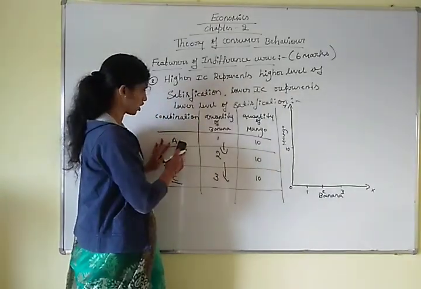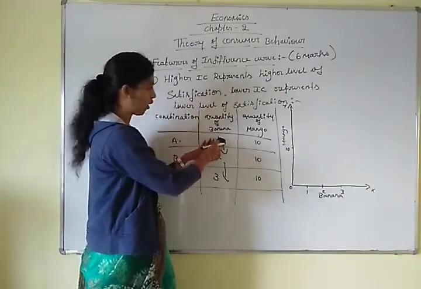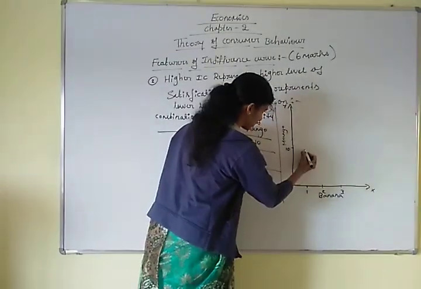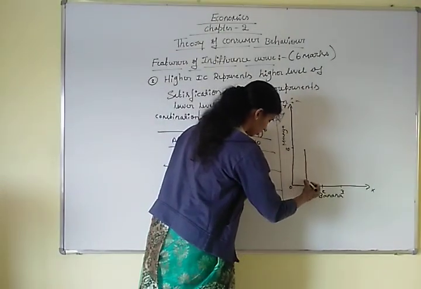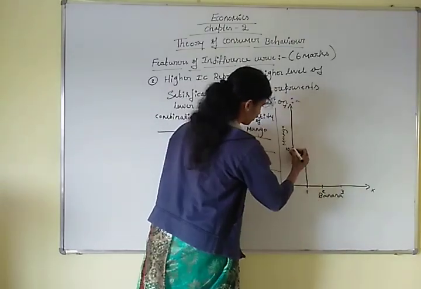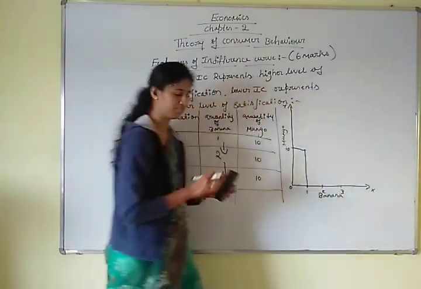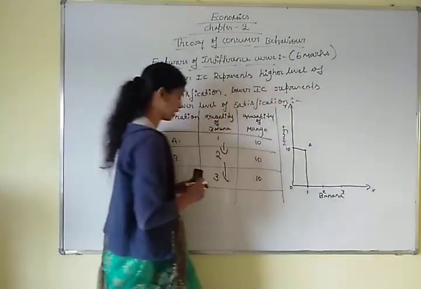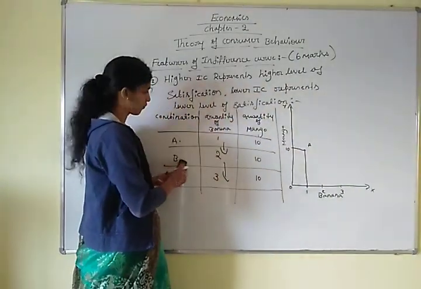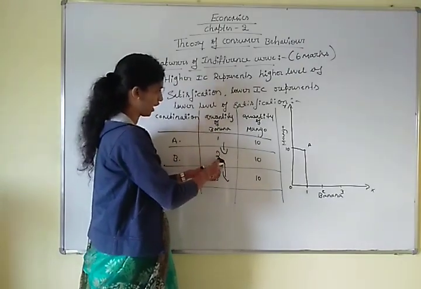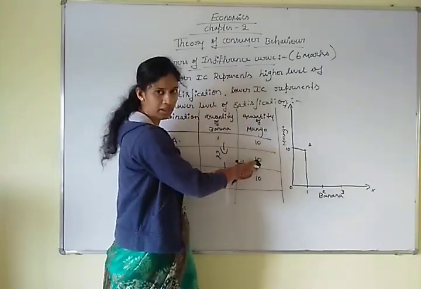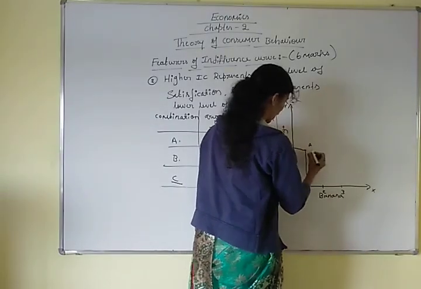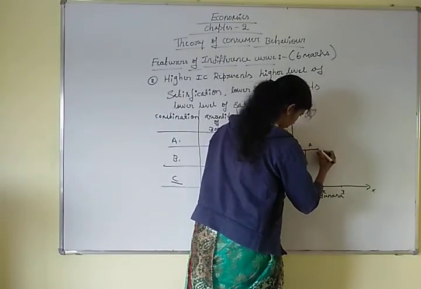In the combination A, quantity of banana 1, quantity of mango 10. So here 1, it is 10. Next, combination B, quantity of banana 2 bananas, quantity of mango 10 mangoes. So quantity of banana 2, quantity of mango same.